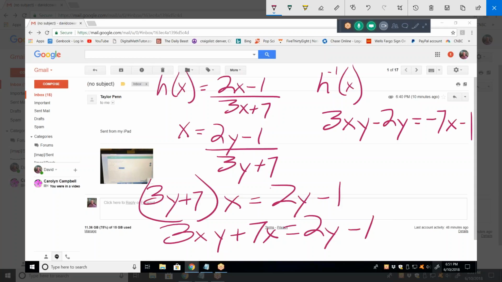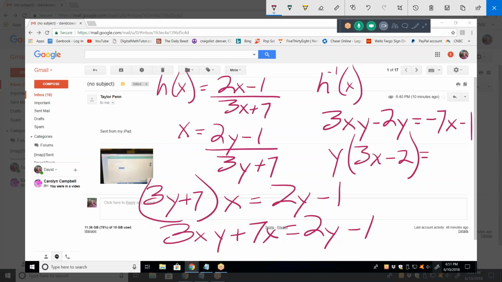The reason is that we're solving for y, so I got to get everything with a y in it on one side. Now what? These are the hardest steps. Now take out y on the left side. Yeah, factor it. It always ends up being a factoring problem at this point.